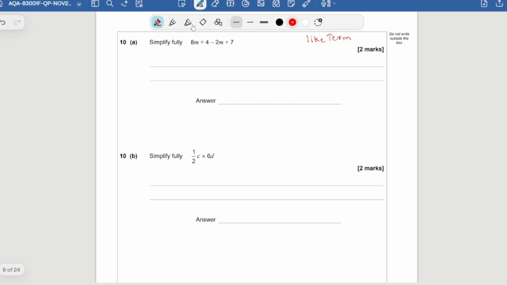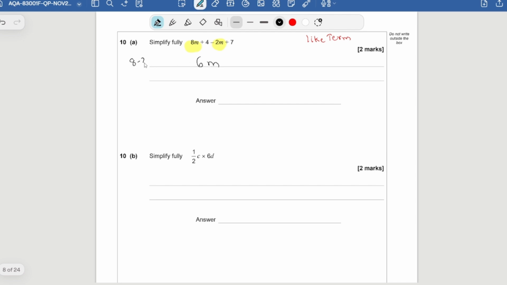So in this case, we've got 8m and 2m. They have the same variable attached and they are in the same form. And 4 and 7 are the constants, so we can add them as well. Starting with 8m and 2m, 8m take away 2m gives you 6m.